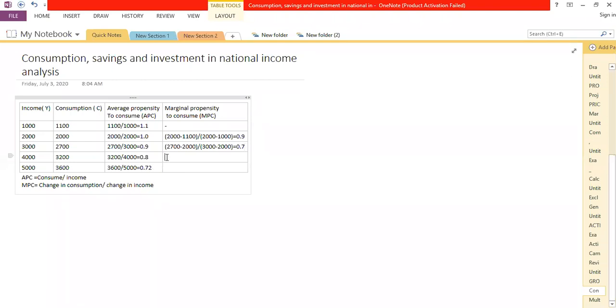The others, we can just compute them without writing down. 3,200 and 2,700, that is 5, a difference of 1,000, 0.5. Here we have 3,600 and 3,200, that is a difference of 400, a difference of 1,000 on our income. This will give us a 0.4. Again, you can see our marginal propensity to consume is actually declining with an increase in the level of income.